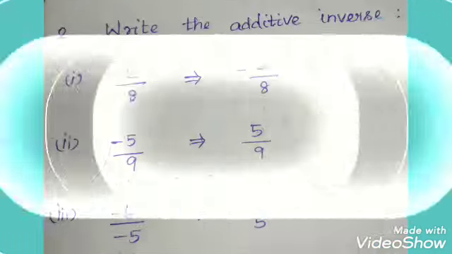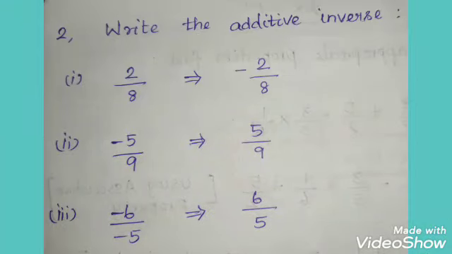Is this clear? Next, write the additive inverse. You know about the additive inverse? Additive inverse means we have to change the sign. So additive inverse of 2 by 8 is minus 2 by 8. Additive inverse of minus 5 by 9 will give you plus 5 by 9. Then here minus 6 by minus 5, the additive inverse is 6 divided by 5.